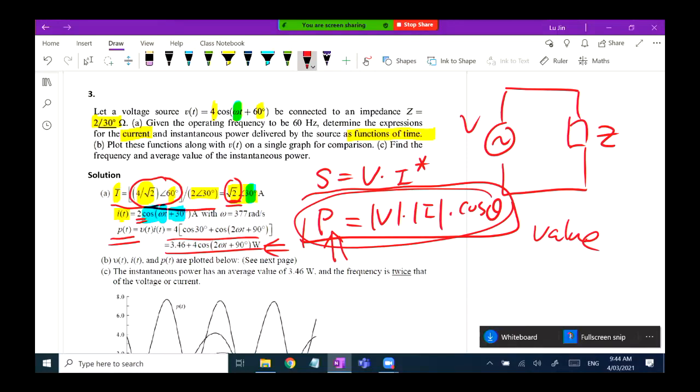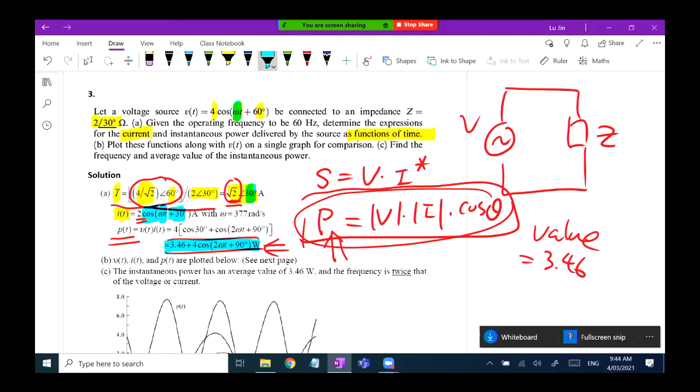The value should be equal to 3.46. Is that reasonable? It's totally reasonable. So please double check the instantaneous power here. The final answer for this instantaneous power is 3.46 plus 4 cosine of 2 omega t plus 90 degrees.